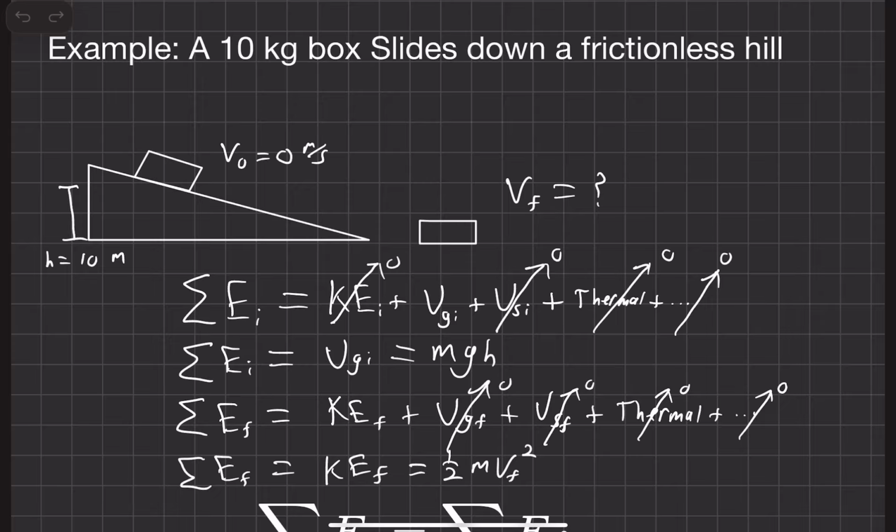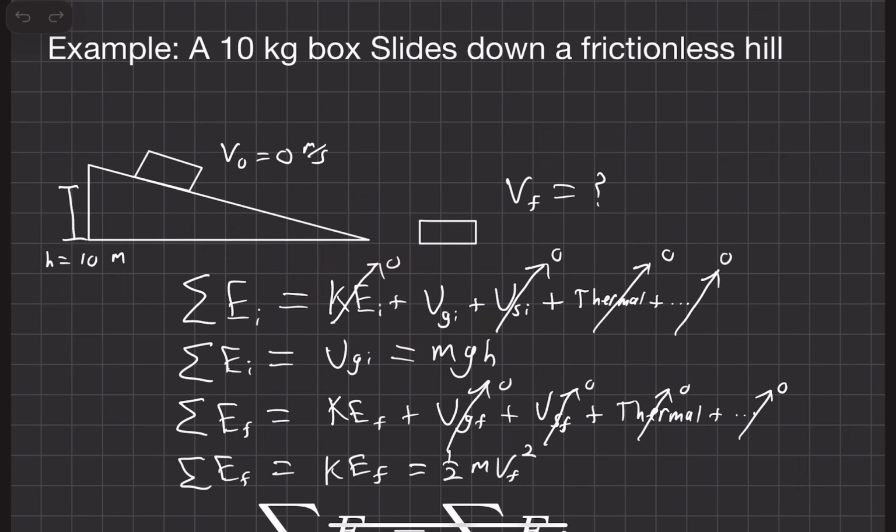First step, we need to identify all the sources of energy and where some energy values are 0. So for that, we write the sum of all initial energy is equal to kinetic energy plus gravitational potential energy plus spring potential energy plus thermal plus so on.